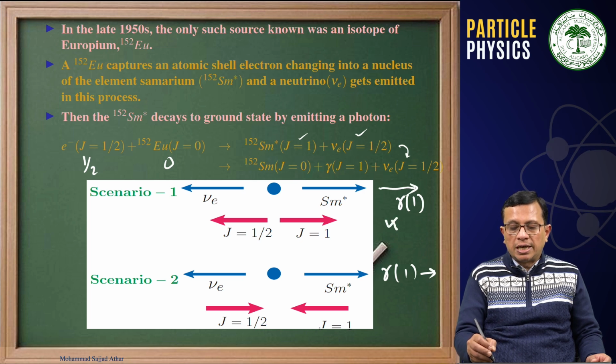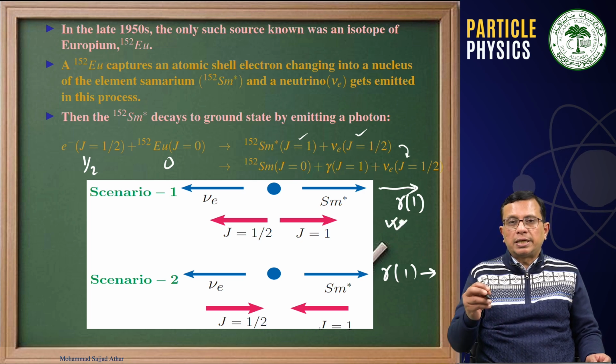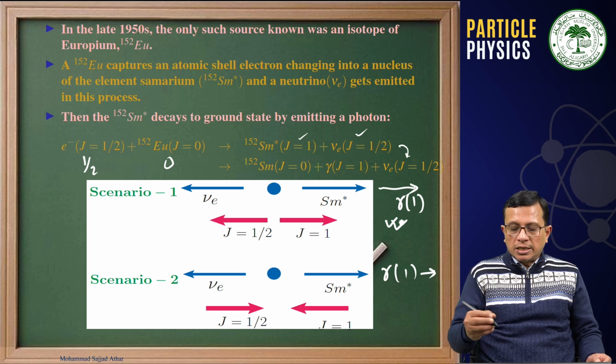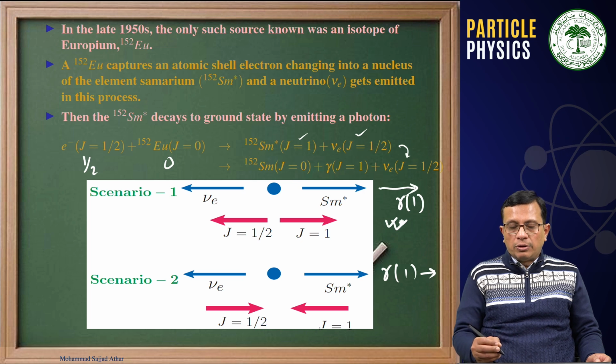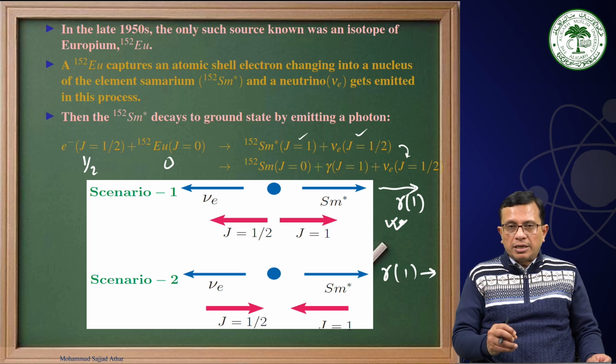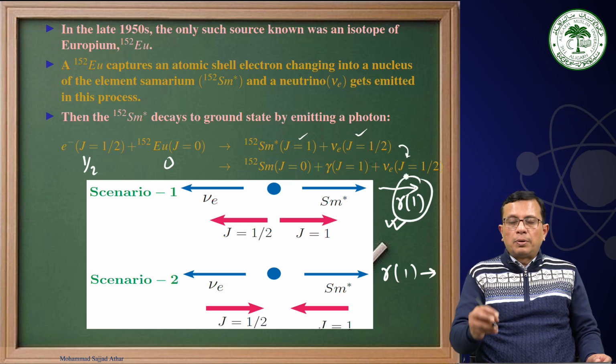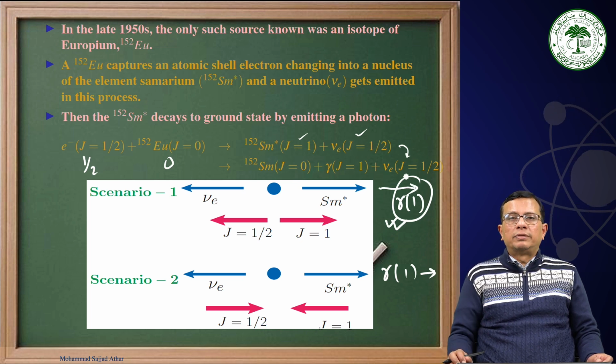Here in the first case, that resulted in a right-handed neutrino and photon. In the second case, we have a left-handed neutrino and left-handed photon. Now that means we have to do nothing else. We have to determine the polarization of the photon, and from there we will determine the helicity of the neutrino.